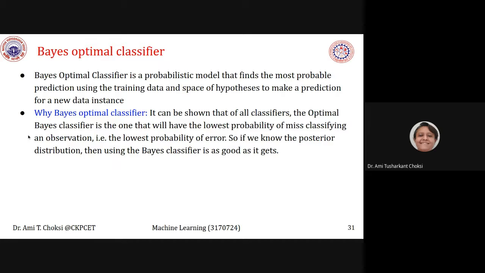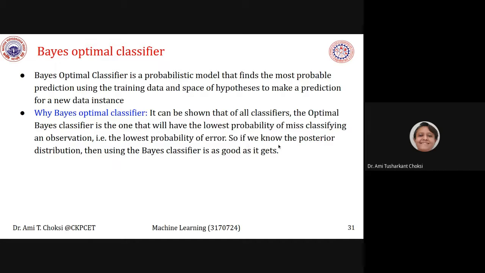Now, why Bayes optimal classifier? It can be shown that of all classifiers, the optimal Bayes classifier is the one that will have the lowest probability of misclassifying an observation. That is the lowest probability of error.